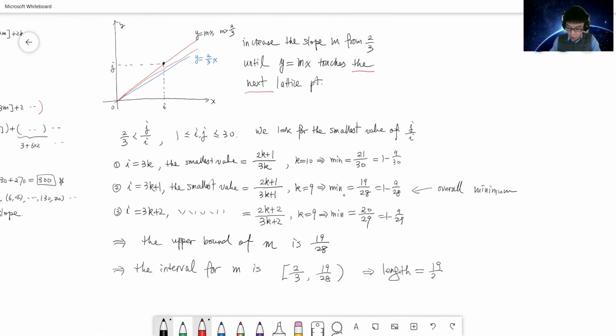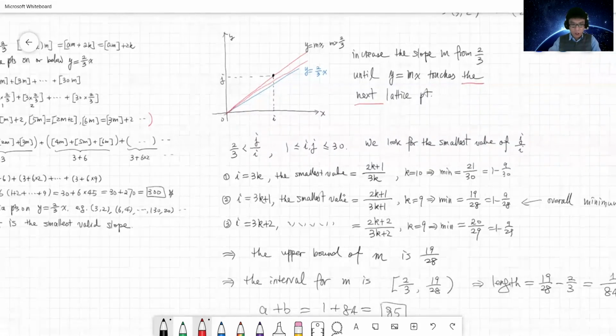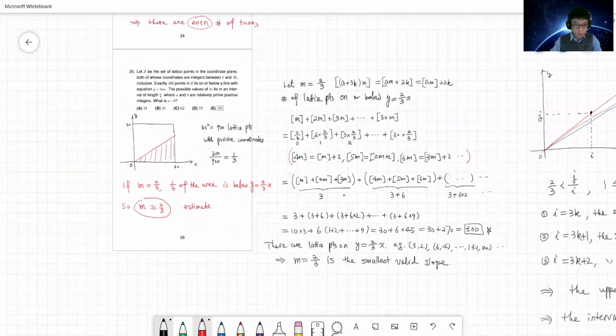It's 19 over 28 minus 2 over 3, which is 1 over 84. So a plus b equals 1 plus 84, which is 85. So in this problem, the answer is 85. We choose E here.